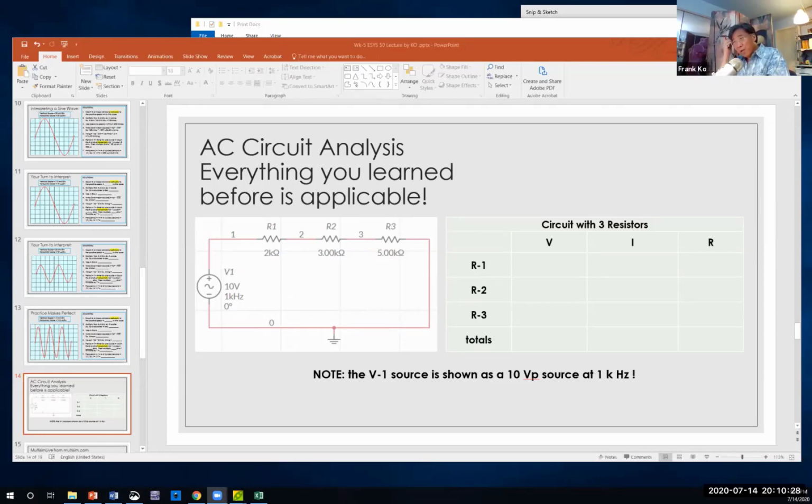Well, if you got a 2, a 3, and a 5, you're adding a 2, a 3, and a 5. Tony, what do you have? 10. 10 kilo what? Ohm. I'm glad you said it. 10 kilo ohms, okay? They're all in kilo ohms, so the answer has to be in kilo ohms. So you just look at this, and 2 plus 3 plus 5 gives you 10. So we have 10 kilo ohms for your total resistance.